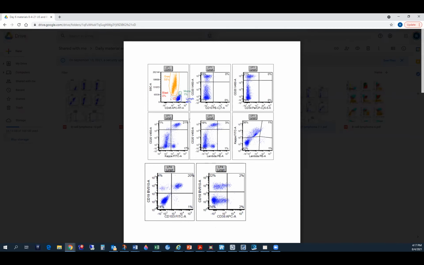If you look at the plots carefully, you will see a small lambda positive population, and there is a population here in parallel with the lambda. There is one bright population and a second population, and you will see the lambda here. So there is a background of polyclonal cells, and you can see that nicely in the CD19 versus CD103 plot.